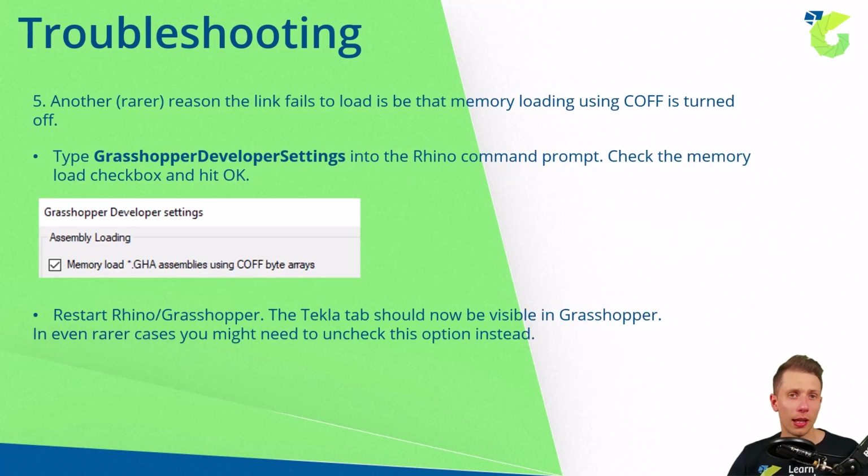Point number 5: type Grasshopper developer settings into the Rhino command prompt. You can also check if you have the checkbox, then hit OK. It's not often the case, but maybe the Grasshopper developer settings are blocking something, and you have to restart Rhino and Grasshopper, and the Tekla tab should now be visible.